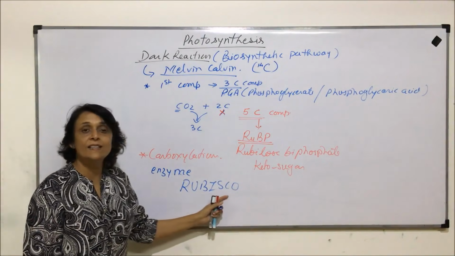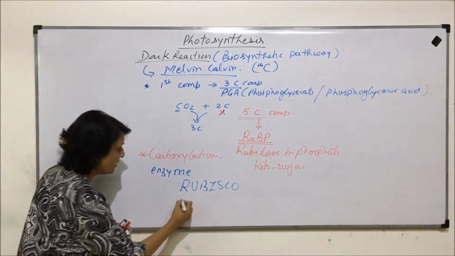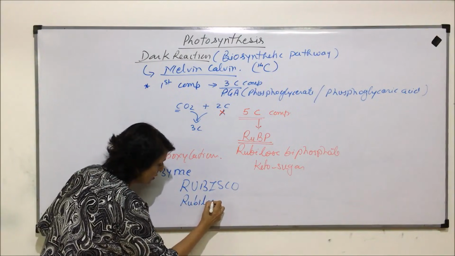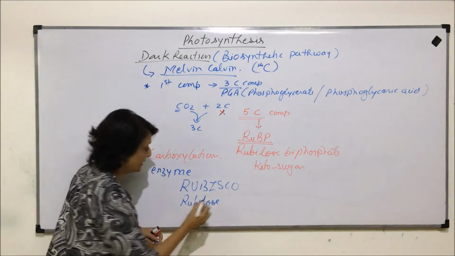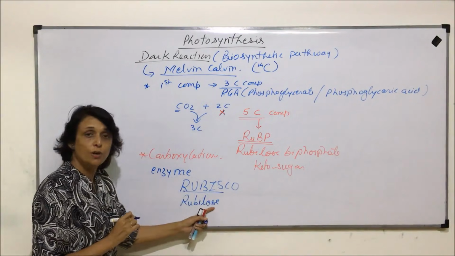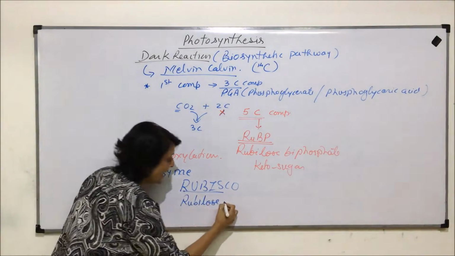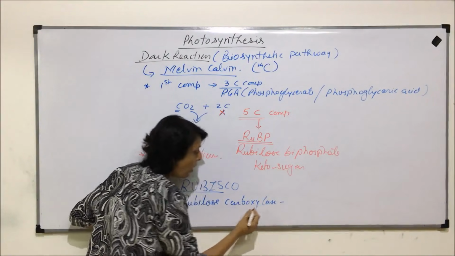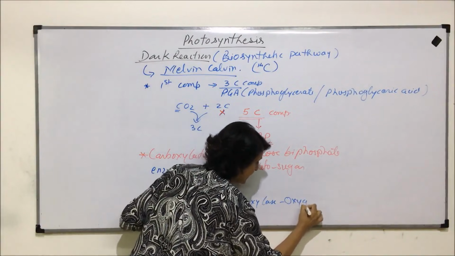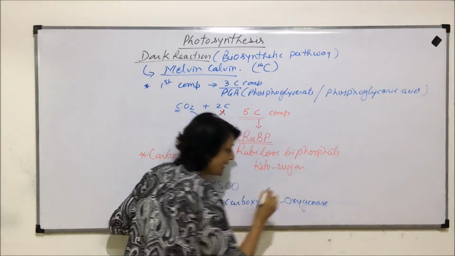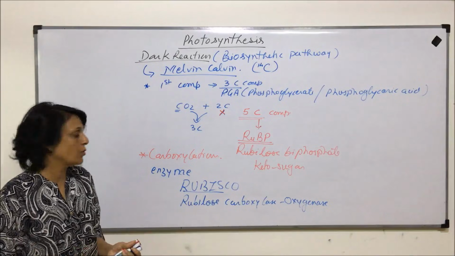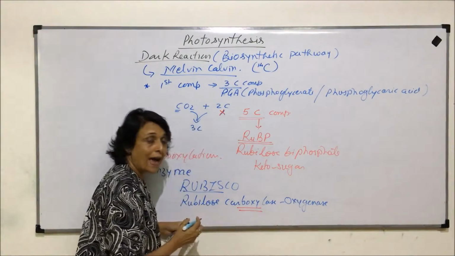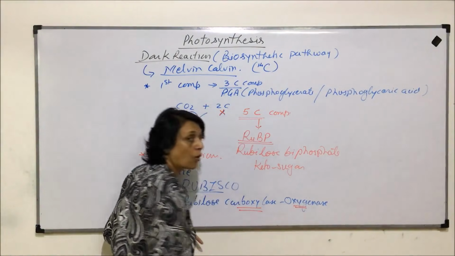Now what exactly does this Rubisco mean? It means rubulose biphosphate carboxylase oxygenase. That means this Rubisco can act as a carboxylase and also as an oxygenase.